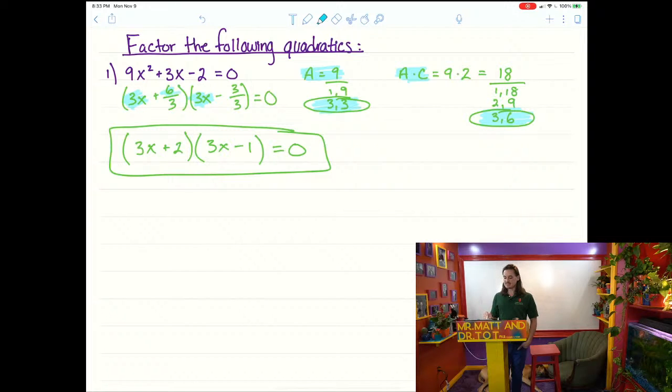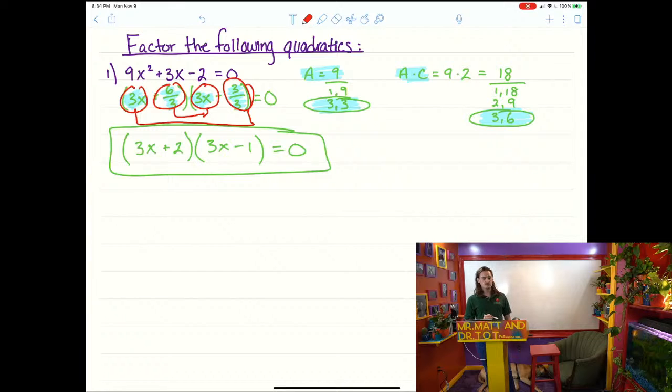But then I placed the 6 and the 3, making sure that the 6 was positive, so the result when they sum is positive. And then I divided each of those factors by the coefficient that they're going to be affected by. The inner times the inner and the outer times the outer are going to be multiplied into each other. So I need to reduce them by the coefficient that I placed in front of the x's. And so your answer here should be 3x plus 2 quantity times 3x minus 2.